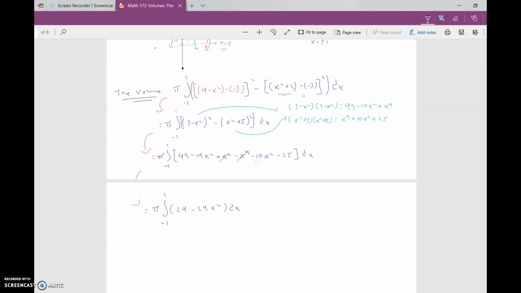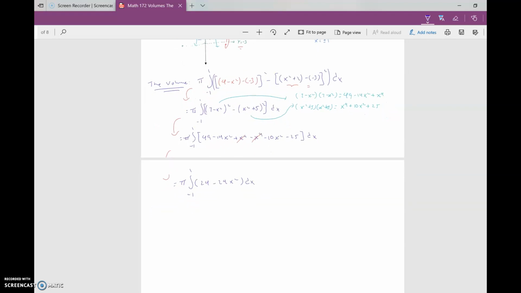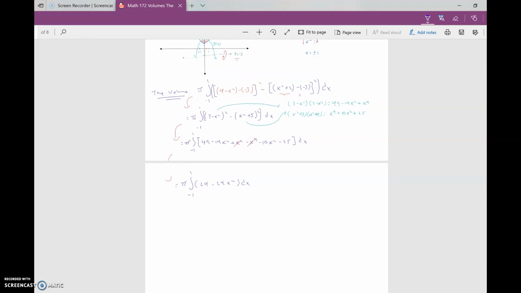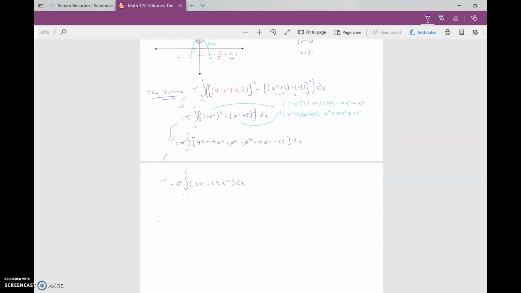So those would be 24. Yep, that looks right. The 24s were where I was a little bit suspicious. So in this case, the total volume is equal to pi integral from -1 to 1 of 24 minus 24x squared dx, and then don't forget the units to the third power.